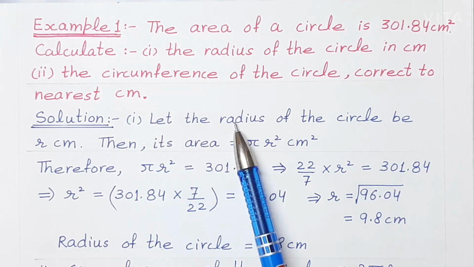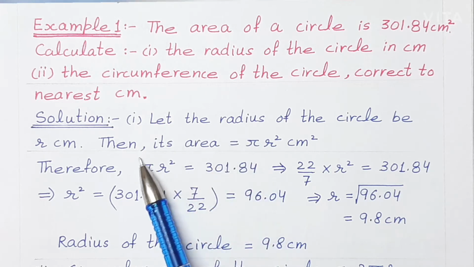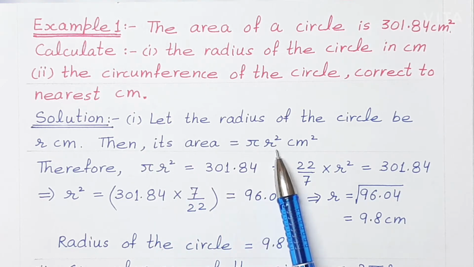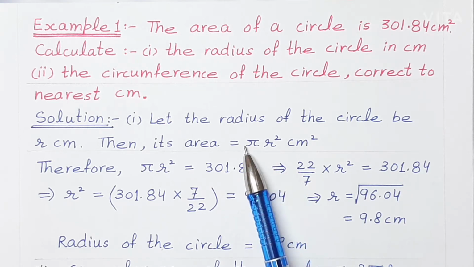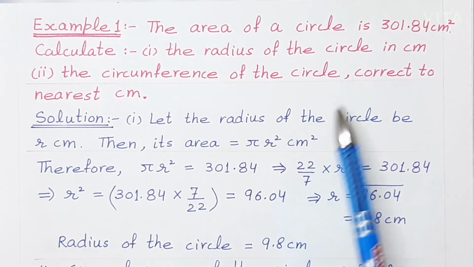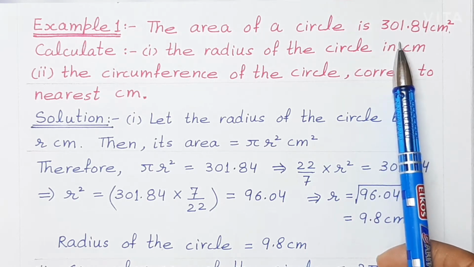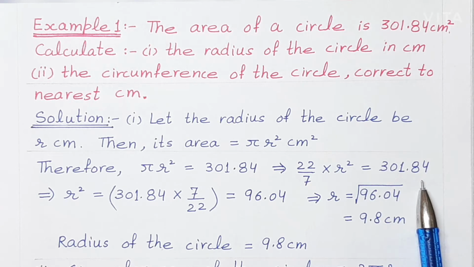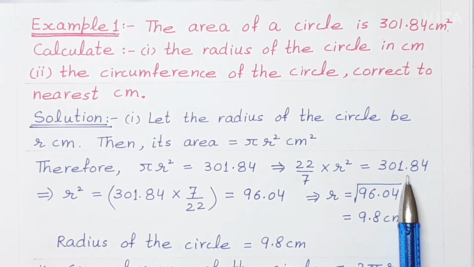Now students, we all know that area of circle is pi r square. Clear? Now the value of pi is 22/7 and area is also given in the question, that is 301.84 centimeter square. Now let us compare the two values.